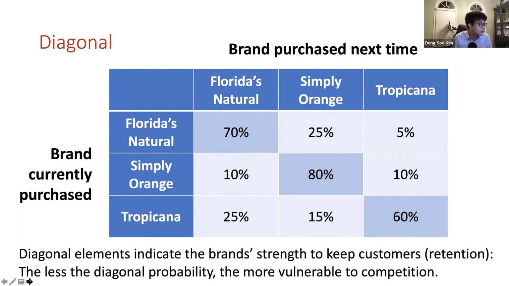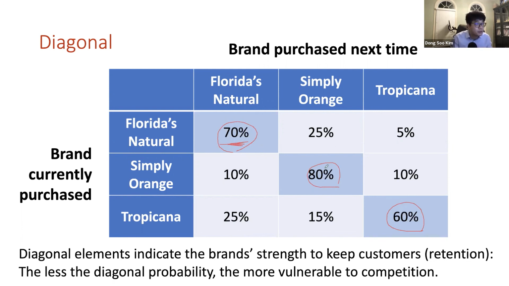That is, the diagonal elements are the probabilities of buying the same brand again. In this example, the customer buys Florida's Natural again with 70% probability once she bought Florida's Natural.